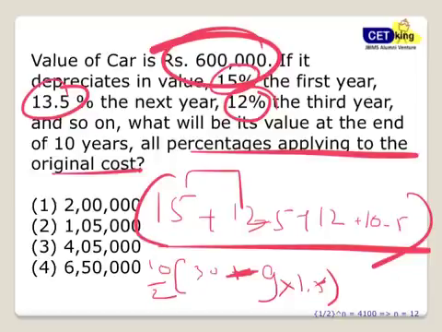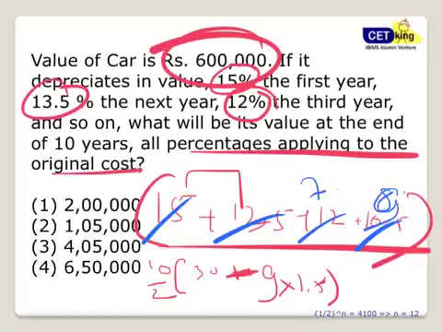So second way, I can reduce 15, 13.5, 12, 10.5, फिर 9, then 7.5, then 6, 4.5, then 3, 1.5. I add all of them. I can do that way, or I can use the formula, whichever way you are comfortable with. 10 बार ना.